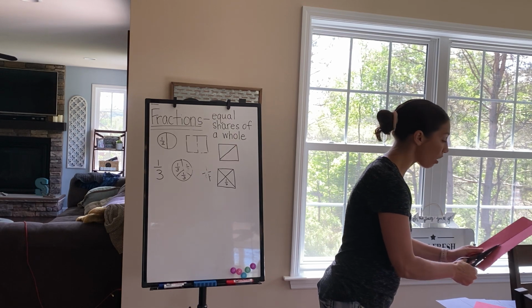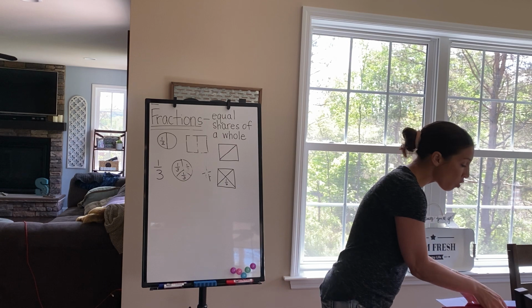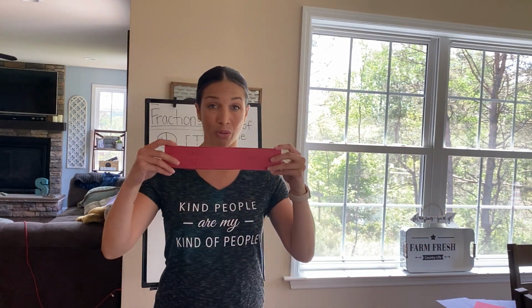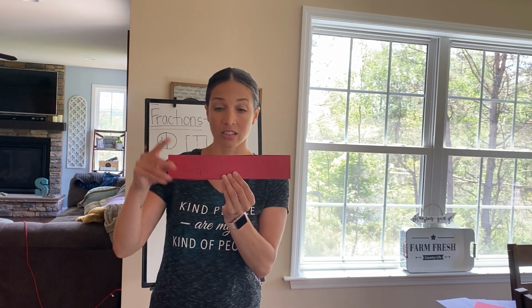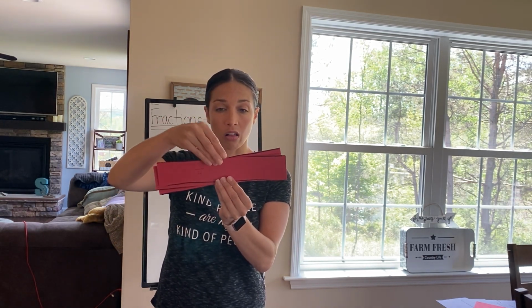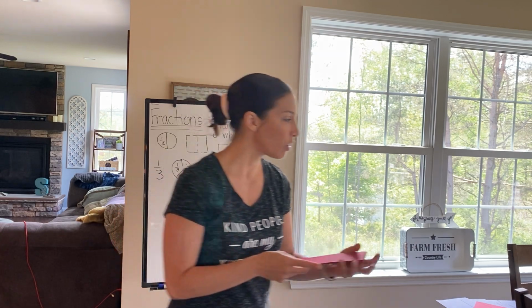And when I do this, all these little pieces should be the same size. I should be able to overlap them and then be the same. Am I able to do that? The answer is yes. So that's how I can tell that these are all equal in shares. They're all 1/4 of that rectangle.